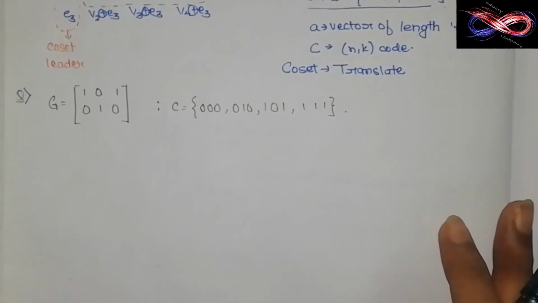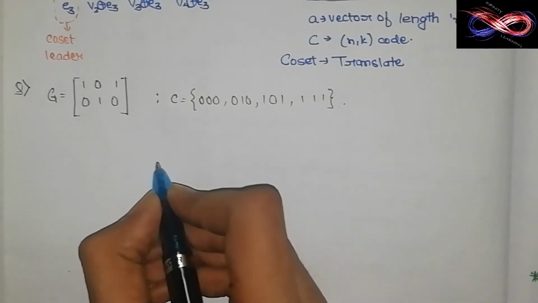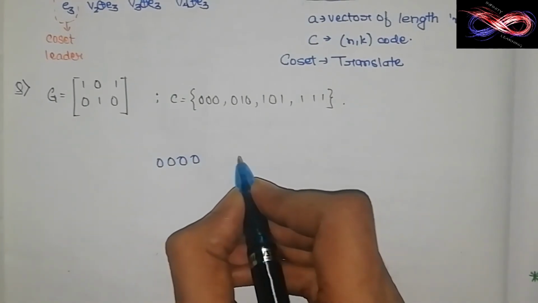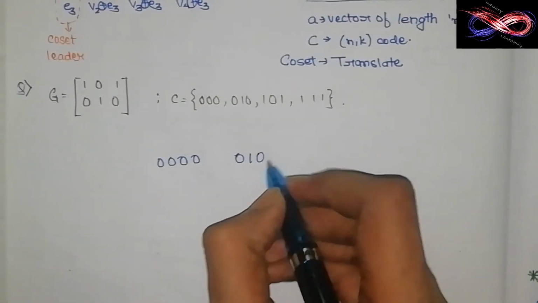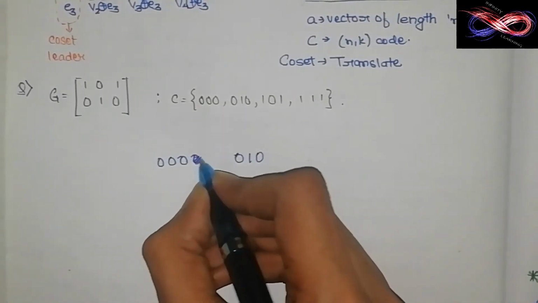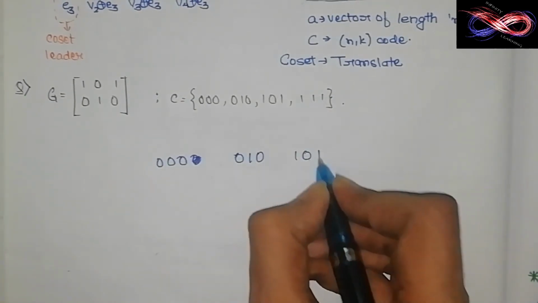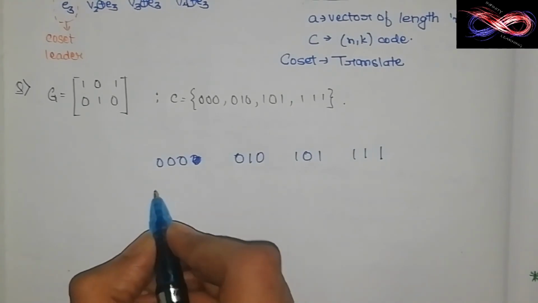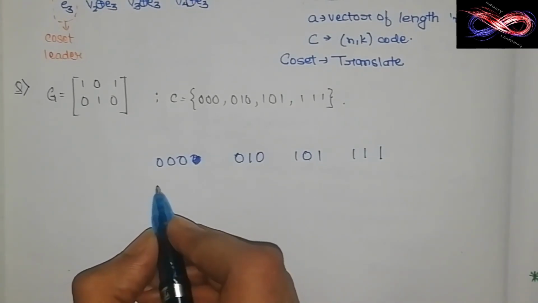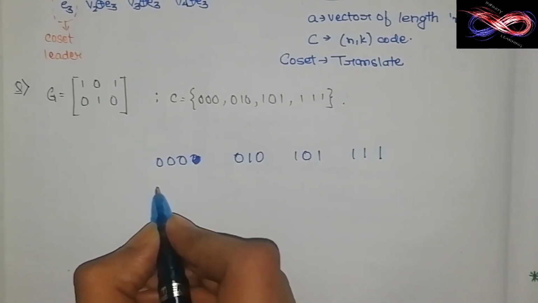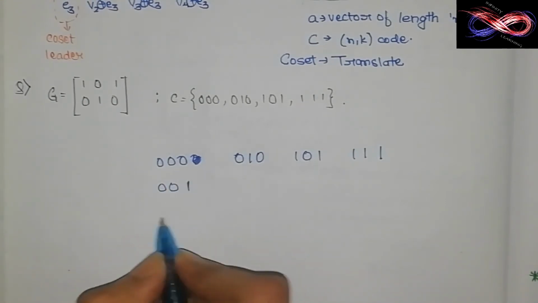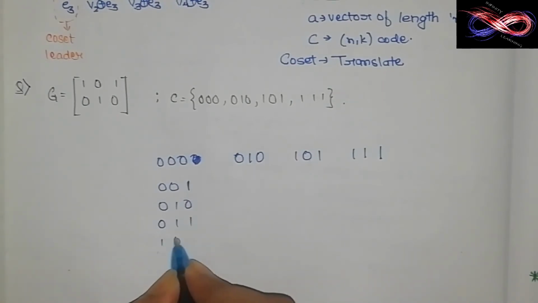So what we will do, we will give the 4 values of the bits as the first row. Now we will give the coset leader values in the first column. So this will be 0 0 1, 0 1 0, 0 1 1. This will be 1 0 0.